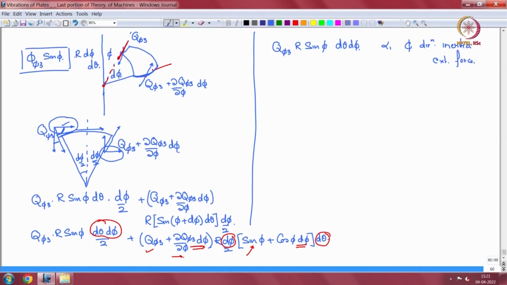Okay. Now, next we look at the theta equation of motion.